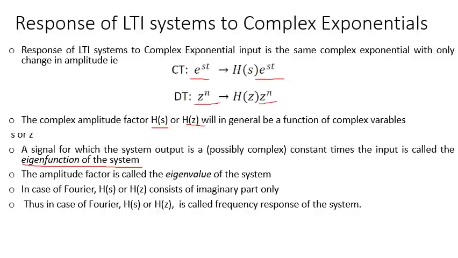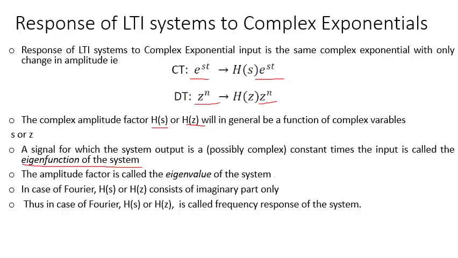So you may know that eigen means the same. Whatever you give at the input, you get the scaled version of that. That's why a signal is called an eigenfunction of the system if you get the scaled version of that signal. The amplitude factor is called the eigenvalue of the system.